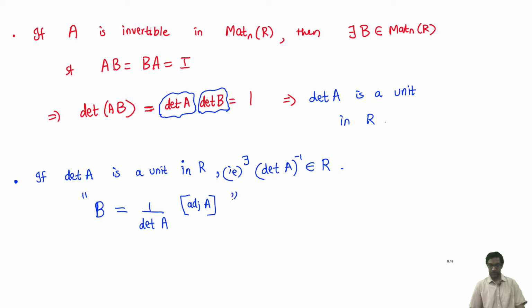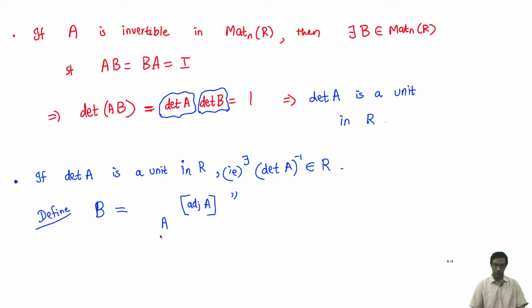This is over a field in general, but what we have to realize is that this formula actually makes perfect sense over any ring, provided I can make sense of 1 by det A. That's exactly what I have assumed, that det A inverse is an element of R. So, just as a guess, let's try making the same definition. Let's define B like this and hope that it has the right properties.